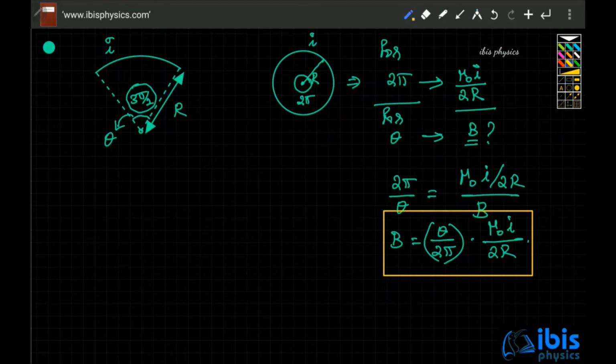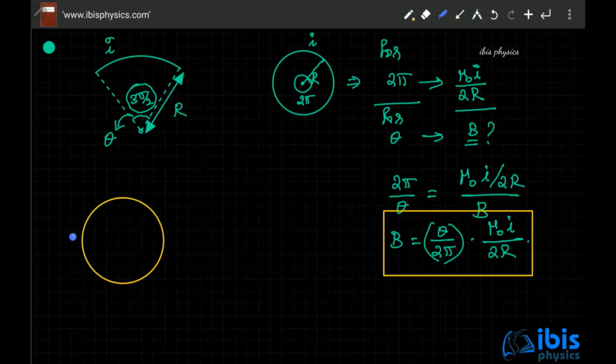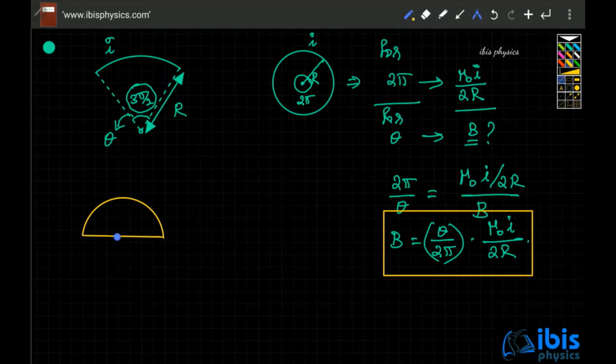Suppose it is a semicircular loop. Just imagine what angle it will subtend. A semicircular loop will subtend an angle at the center which is equal to pi radians.